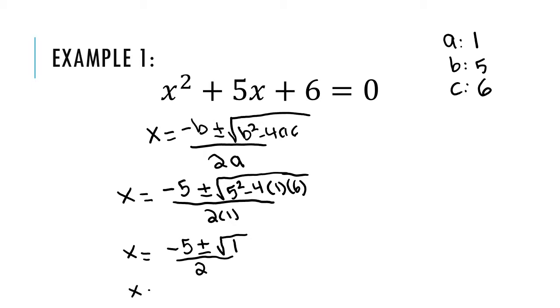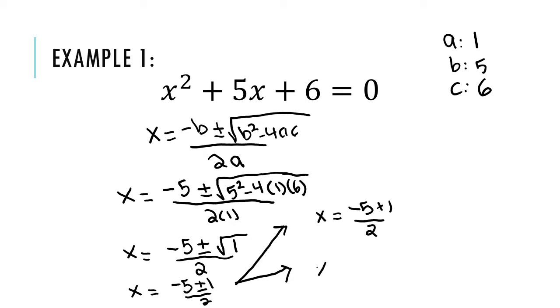Now, we know that 1 is a perfect square, and the square root of 1 is 1, divided by 2. This expression can be written in two ways. x is equal to negative 5 plus 1 over 2, and x equals negative 5 minus 1 over 2.